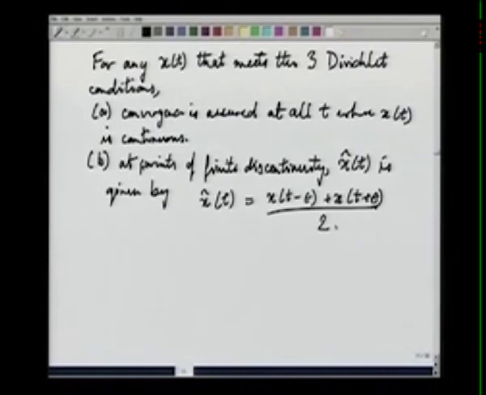So, it just takes the midpoint. X hat t takes the midpoint.